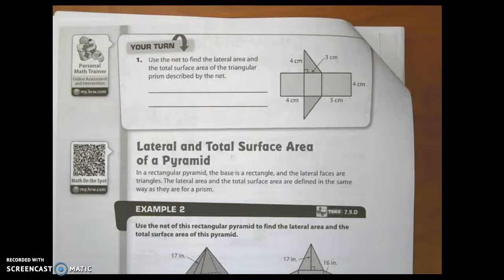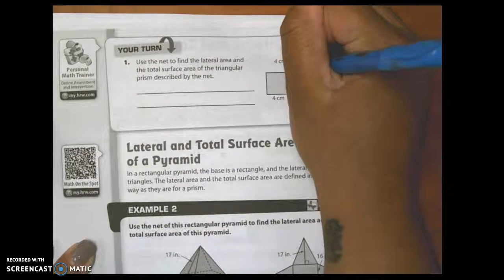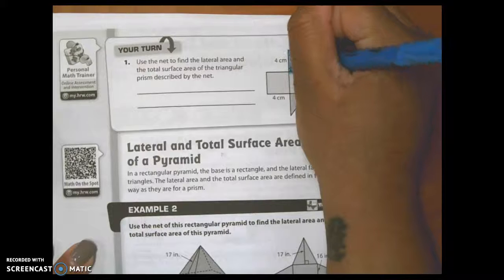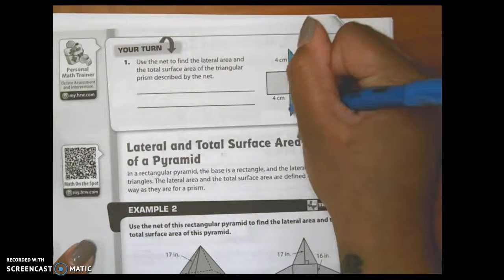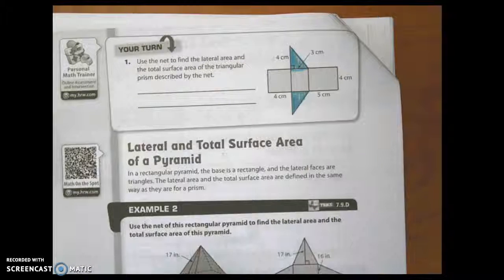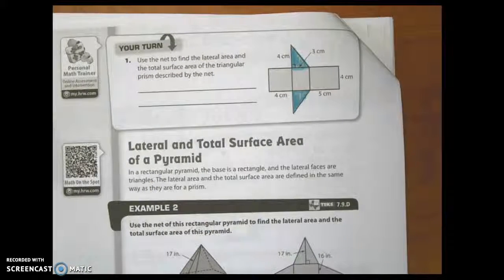So it says use the net to find the lateral area and the total surface area of the triangular prism described by the net. What color are the triangles? Blue. So that means they are the bases. What kind of prism is it? Triangular prism. What color are the rectangles? Green.